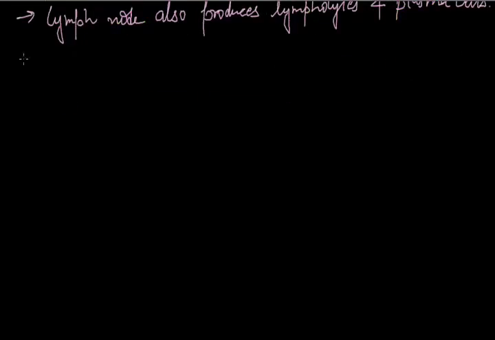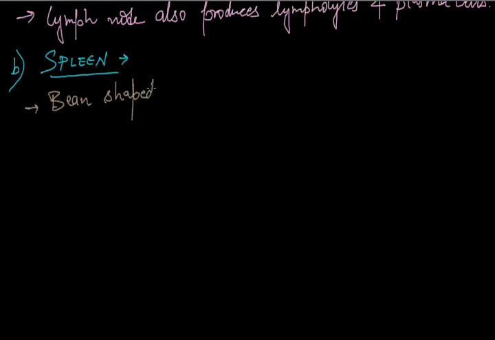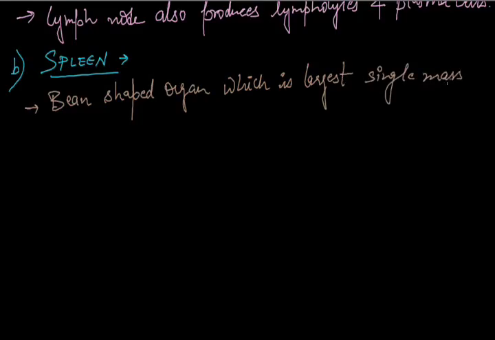Next secondary lymphoid organ is the spleen. It is a bean-shaped organ which is the largest single mass of lymphoid tissue in the body.